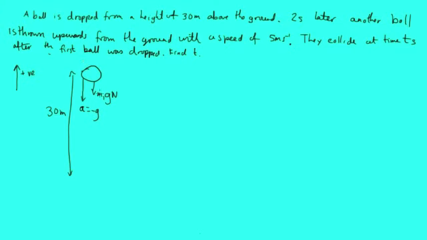Okay, so after some time t, it's going to collide with this ball. So we have this ball that is released with an initial velocity of 5 meters per second, and it's released at some time t1 plus 2 seconds later.